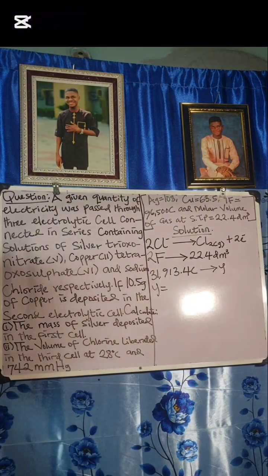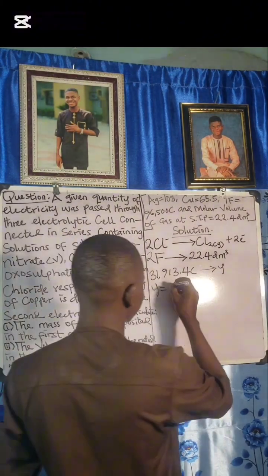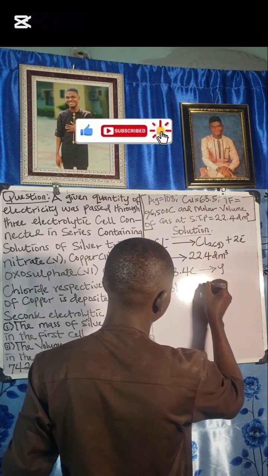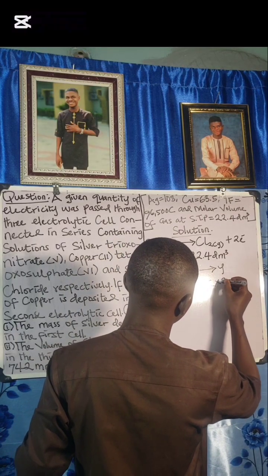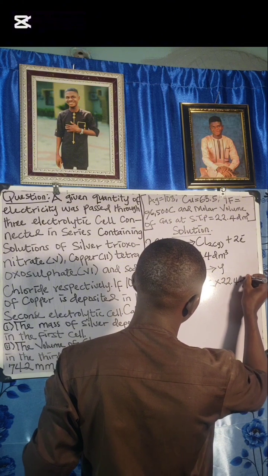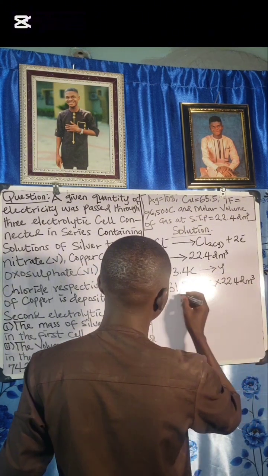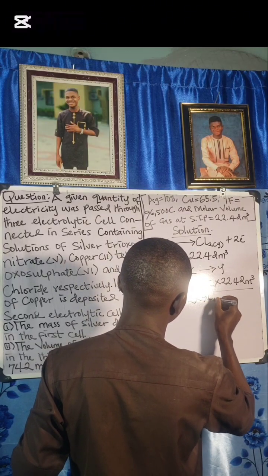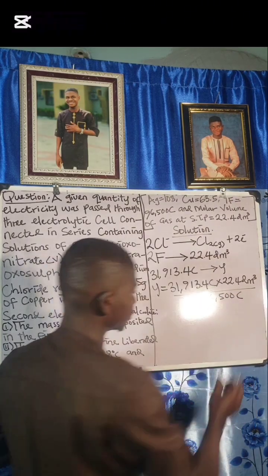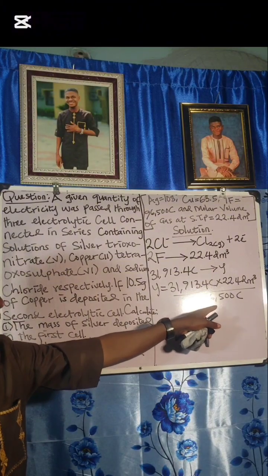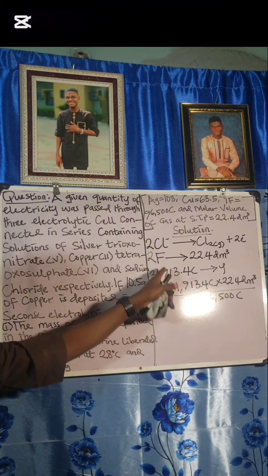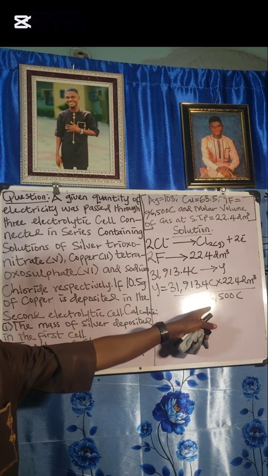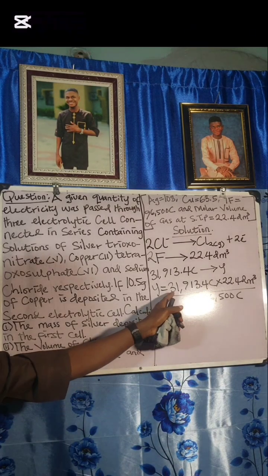So once we cross multiply, our Y will be equal to 31,913.4 coulomb multiplied by 22.4 cubic dm divided by 2 times 96,500 coulomb, because 1 Faraday is equal to 96,500 coulomb. So 2 Faraday will be equal to 2 times 96,500 coulomb.